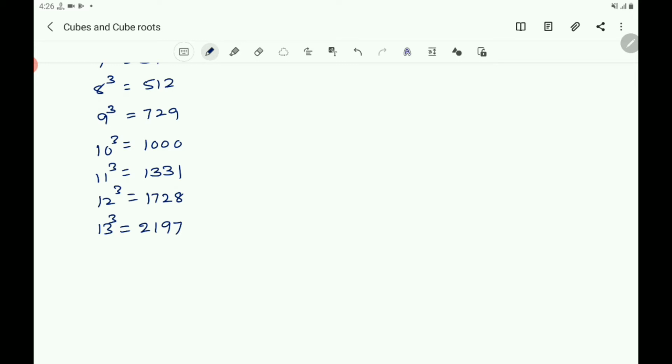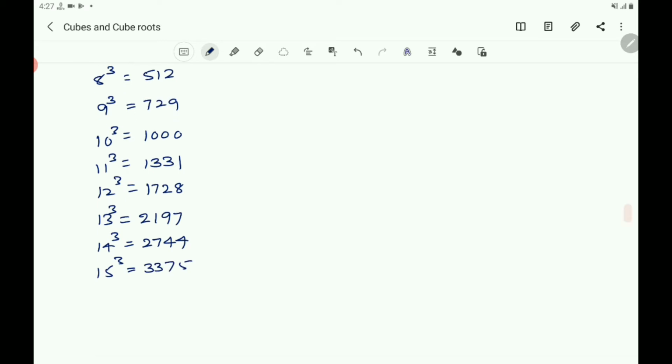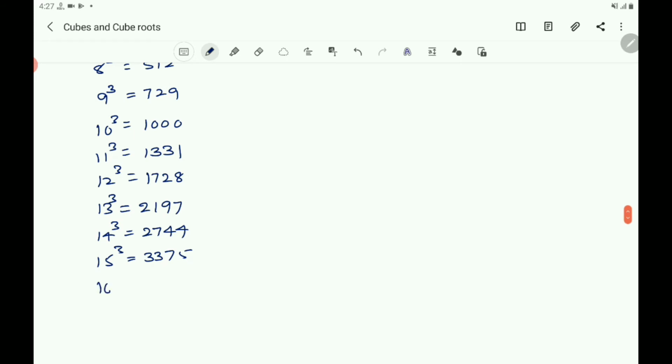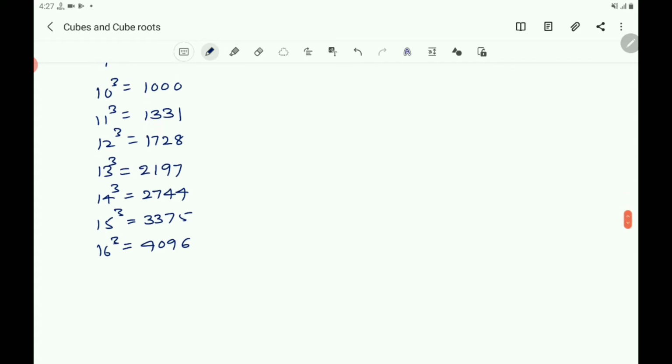13 cube equals 13 into 13 into 13, that is 2197, and 14 cube equals 14 into 14 into 14, that will be 2744, and 15 cube equals 3375, 15 into 15 into 15, and 16 cube equals 4096, that is 16 into 16 into 16.